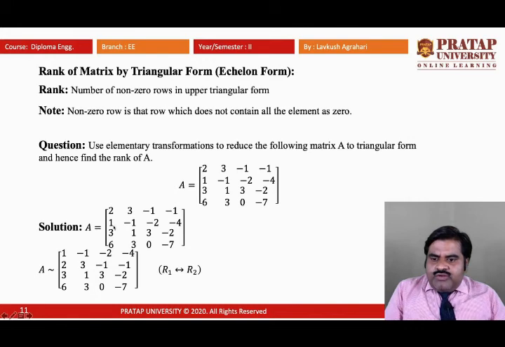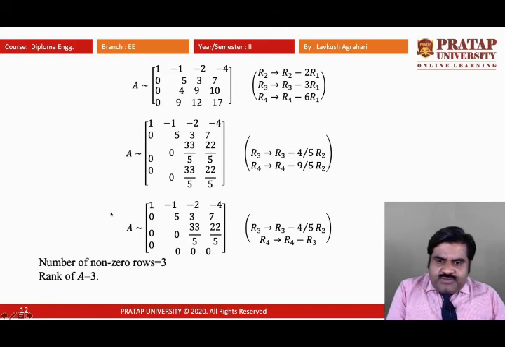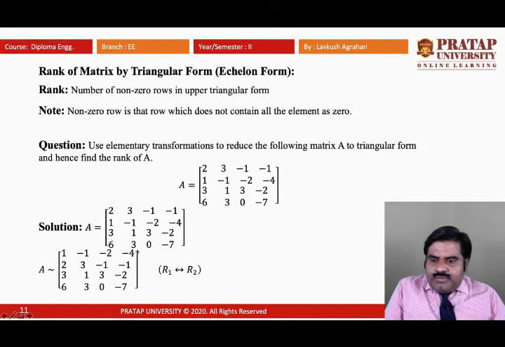In triangular form, we have to make the elements below the principal diagonal equal to 0. For this, the first row and second row will be interchanged so that we have 1 at the position of A11.